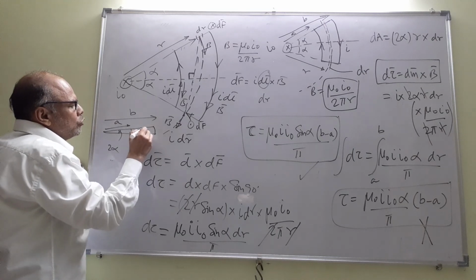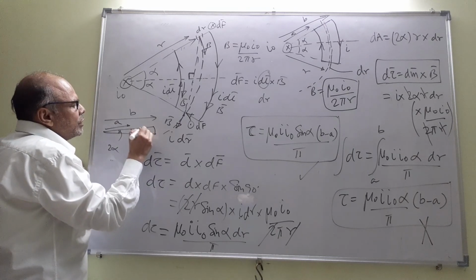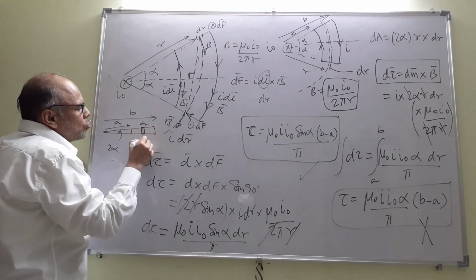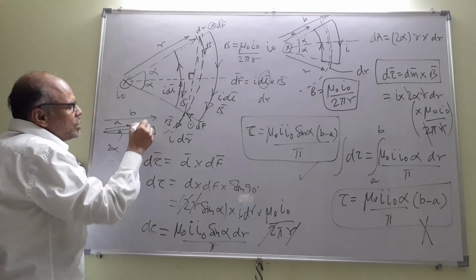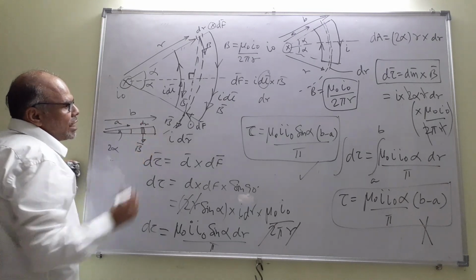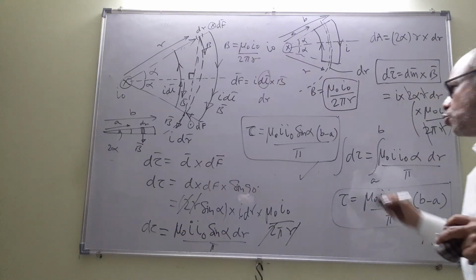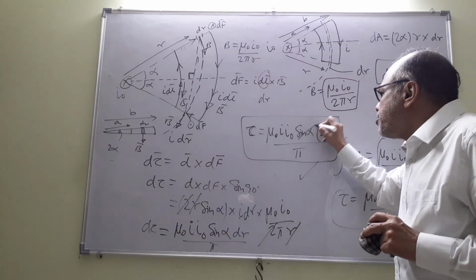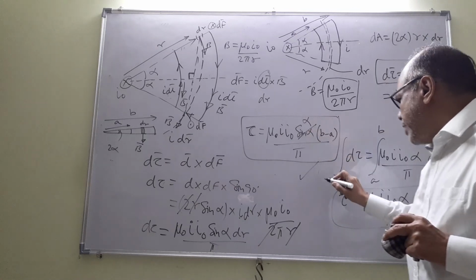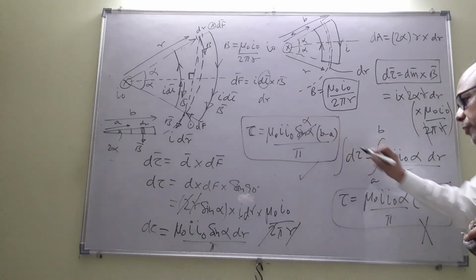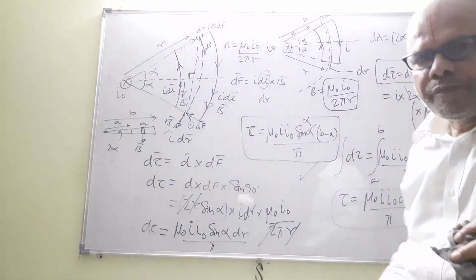So if you took a dr here, the direction of B is going to be nearly the same. So therefore, you can use this formula. If alpha is small, sine alpha equals alpha, and both these results match. Thank you.